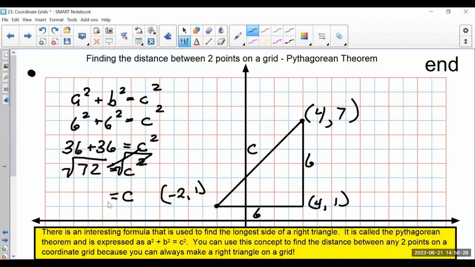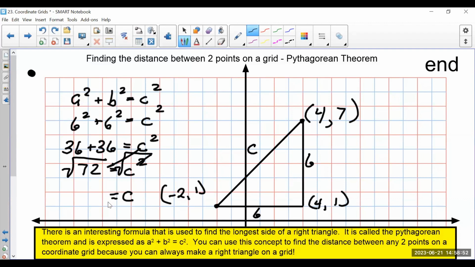8 times 8 is 64. 9 times 9 is 81. So this is going to be closer to 8.5. It's somewhere between 8 and 9. So again, calculator. Second button, the X squared button. Put your 72 underneath the square root symbol. Hit enter.